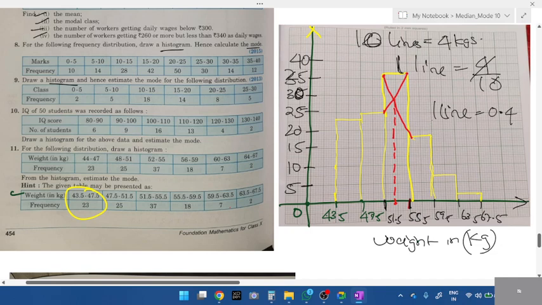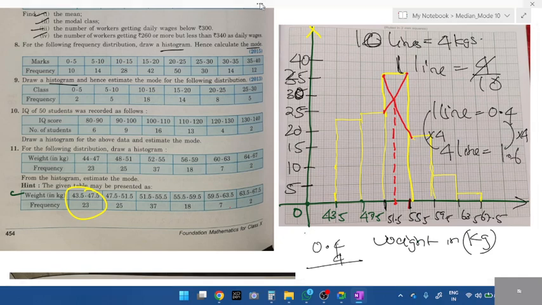How many lines did you get? Four lines. So how do you make this one line into 4? Same thing, you multiply the other side. 4 lines is equal to how many kgs? 0.4 multiplied by 4 is 1.6.